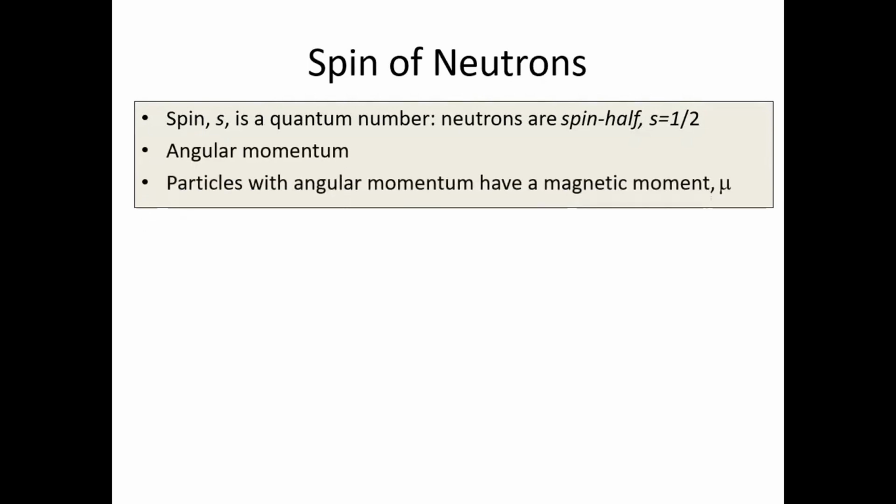Their angular momentum can be estimated with the help of this equation, which states that it must be in the chunks of h cut multiplied by under root of s into s plus one, and s is half. So angular momentum is quantized, and its value is this. Particles with angular momentum have magnetic moments.